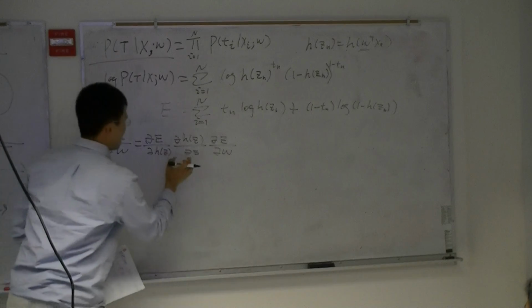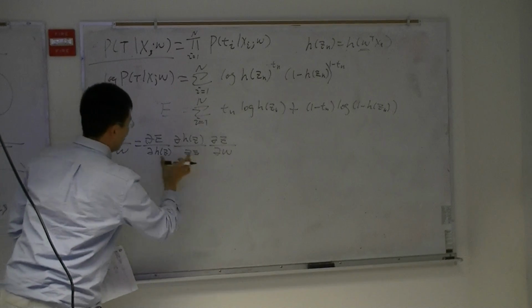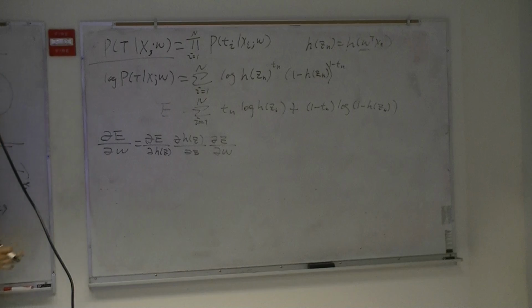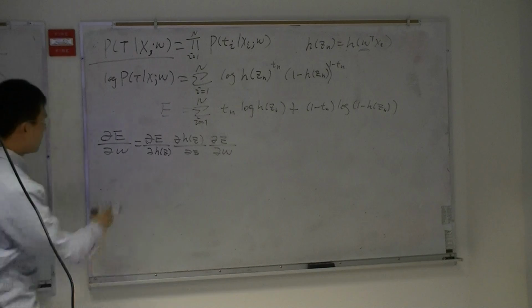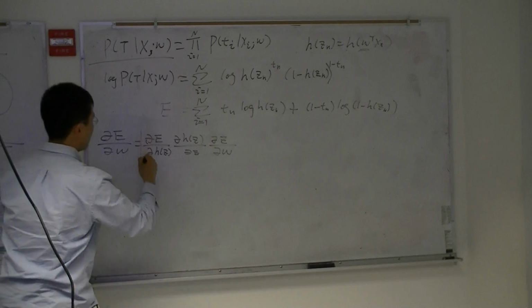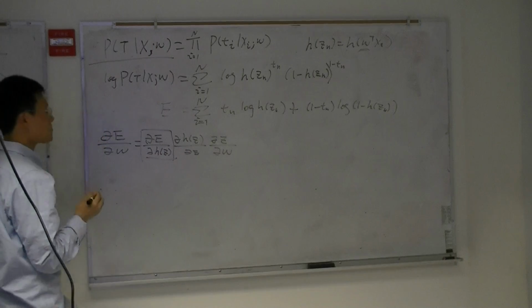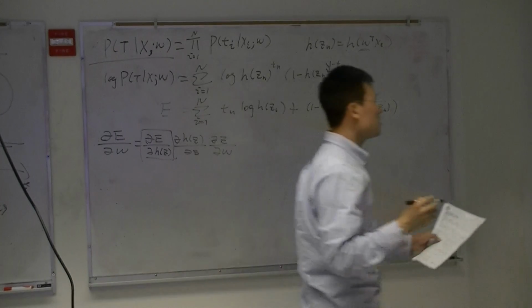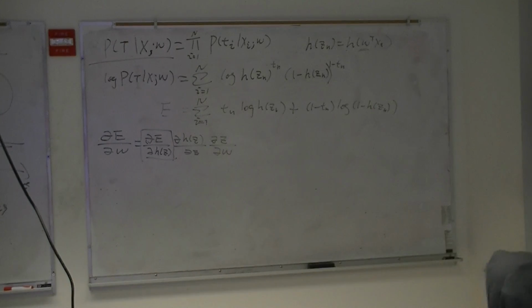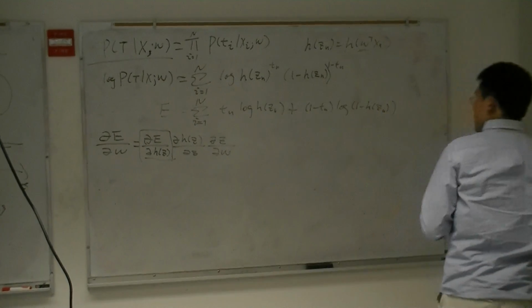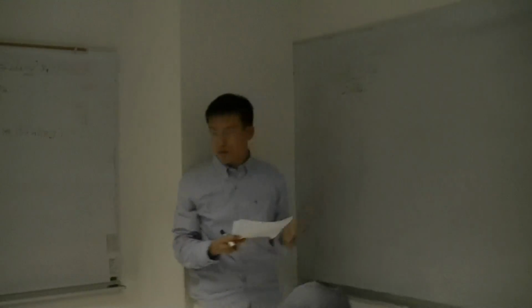So they can be decomposed into the product of those three terms. So as we see, what's the first term here? We pick the first order derivative with respect to H.